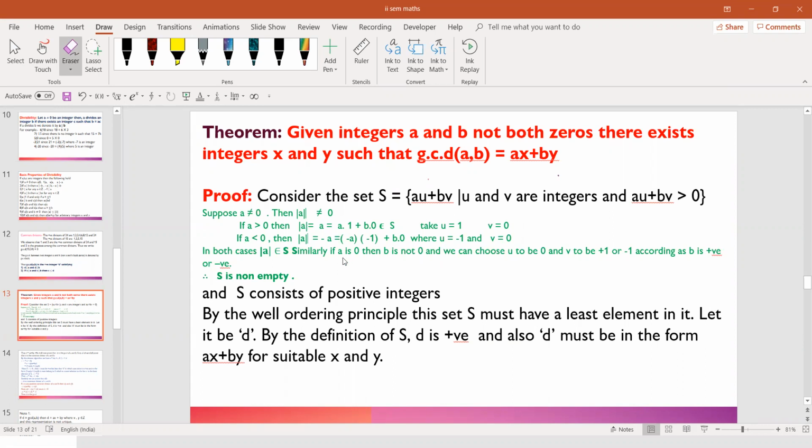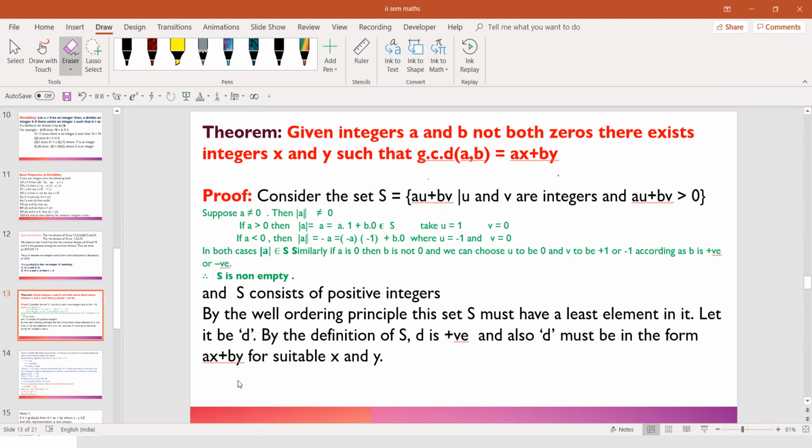Therefore, we can apply the well ordering principle here. What does the well ordering principle say? Every non-empty set contains a least element. So this S must also have a least element. That least element is named D. So D is an element of S. But every element of S is represented in this form.